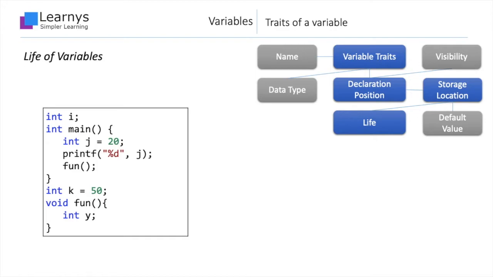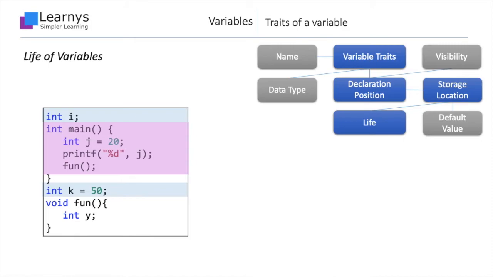As we know, memory is allocated in the data segment for i and k because they are file scope variables, and then the main function executes. It should be noted that k would only be accessible to functions after it has been defined. As the main function executes, integer j is allocated in the memory and printed on the screen.